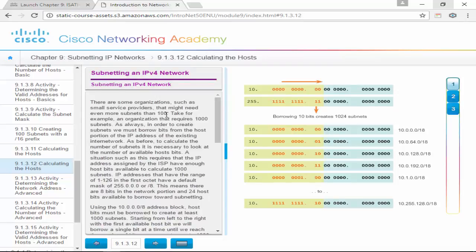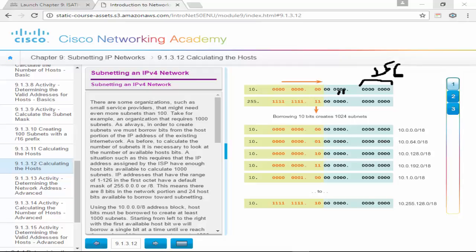Calculating hosts. Say we need 1,000 hosts. How do we find that? Well, we have right here 2 to the power of 8 is 256. So 9 host bits would give us 512, and 10 host bits would give us 1024. 11 host bits would give us 2048, and so on and so forth.